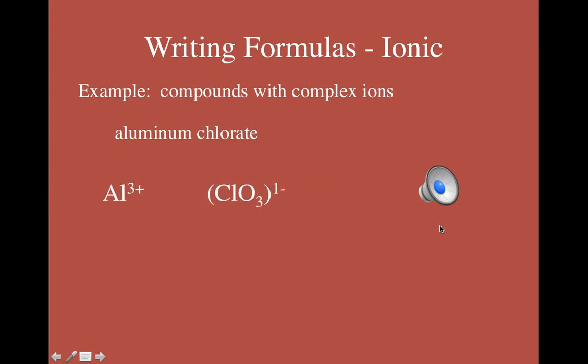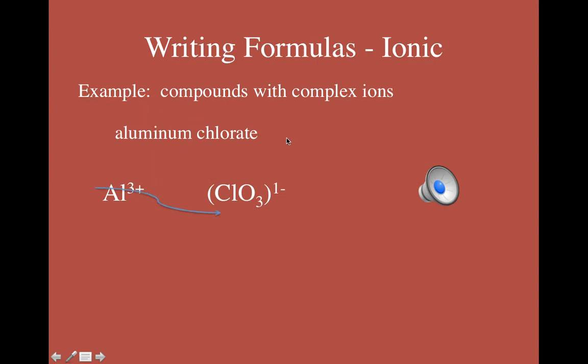So we have Al3+, and you see ClO3 1-. If you wrote down ClO2 1- for chlorate, it's wrong. You are not writing the formula for the right thing. It's really important to have these brackets here, because what we're saying is these 4 atoms, the 1 chlorine and 3 oxygen, share 1 extra electron. They are working as a team. So we've got to put the brackets in.